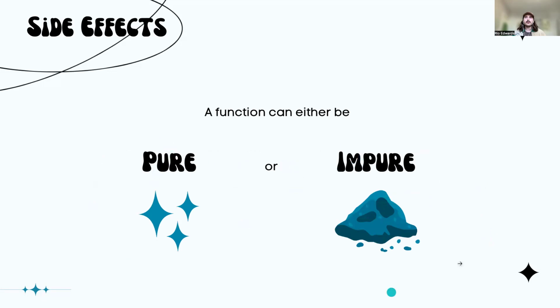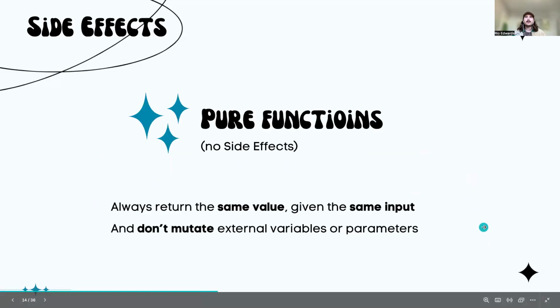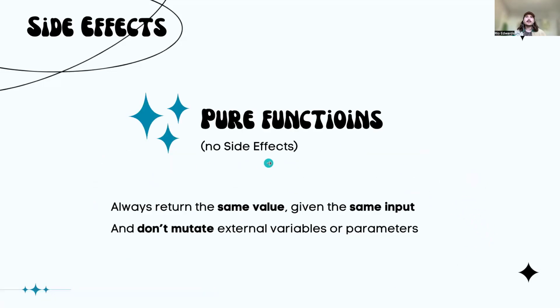So pure or impure. Pure functions have no side effects, and they always return the same value given the same input and don't mutate external variables or parameters. That's a more formal definition. There are certain qualities that a pure function has to have in order to be considered pure. The basic idea is it returns the same value given the same input.